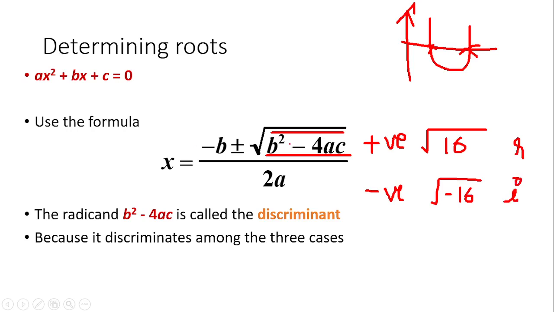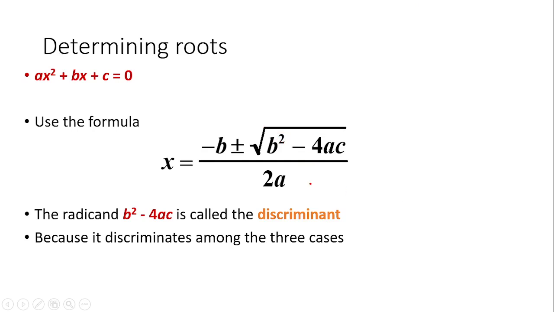What if b squared minus 4ac, the term itself, is 0? In that case, what are you going to get? If this term is 0, what you get is minus b by 2a. Let's come back to this case. What if this is 16? If this value is 16, what is the answer? You get two answers.